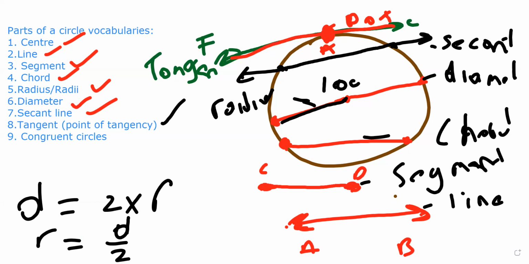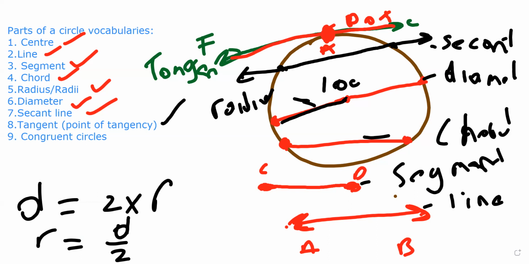So let's just review everything. The center of the circle is right at the middle. The line is just a figure that has infinite ends. The segment is a figure that has 2 endpoints, similar to a line, but it has 2 endpoints. The chord of a circle is a segment whose 2 ends are touching the circle itself.